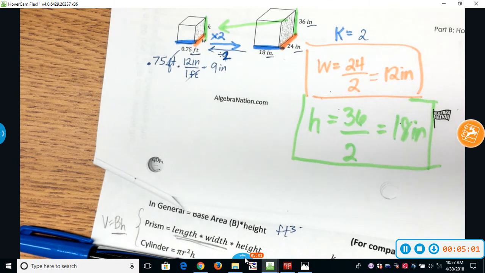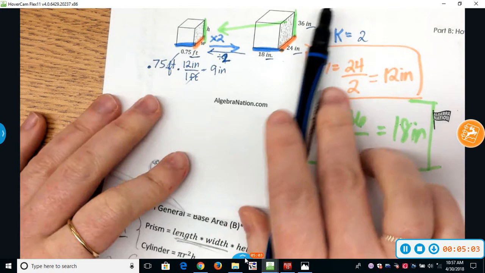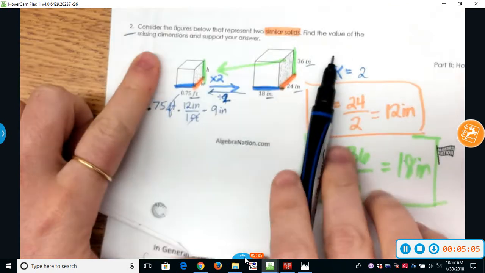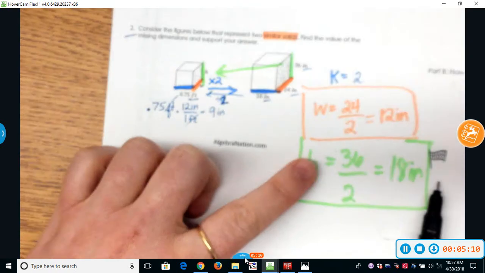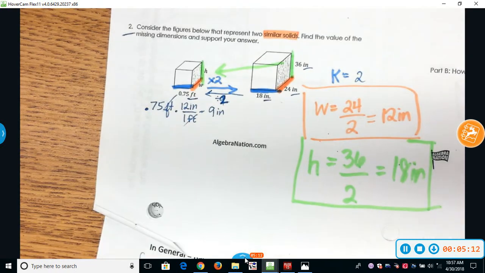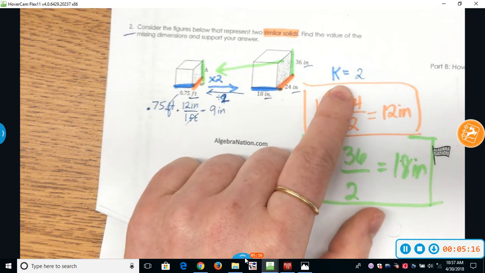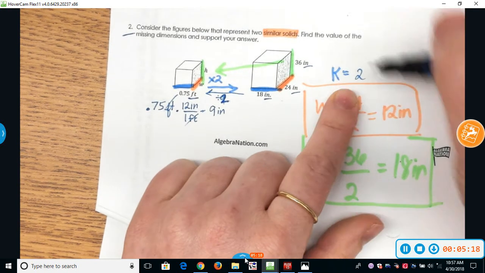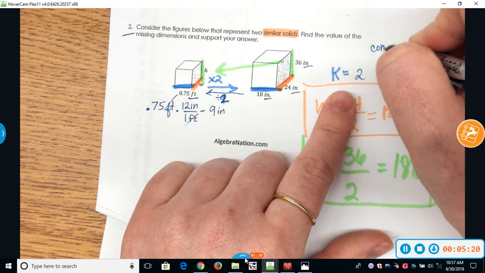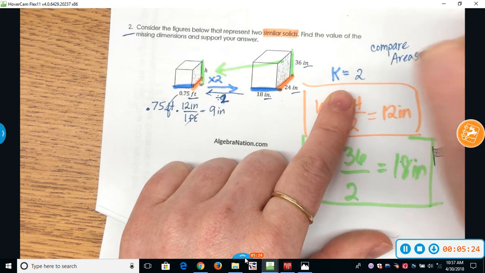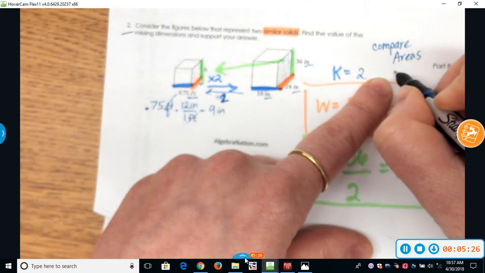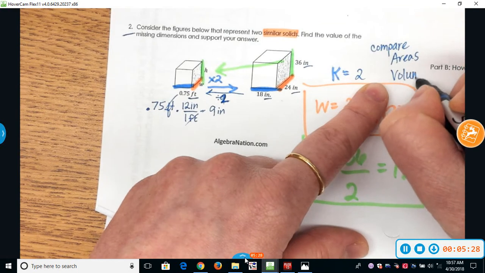Now, we completed the problem. They just wanted to know what the different sides were. But I want to use this as an opportunity to show you that this scale factor can also be used to compare areas, and it can also be used to compare volumes.